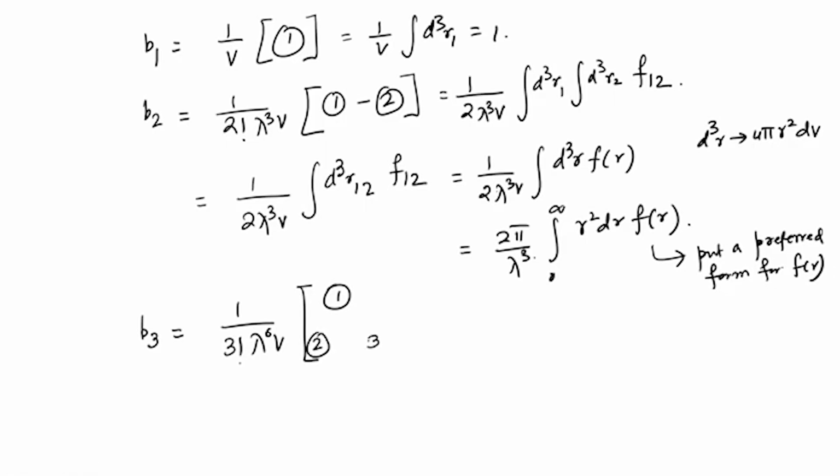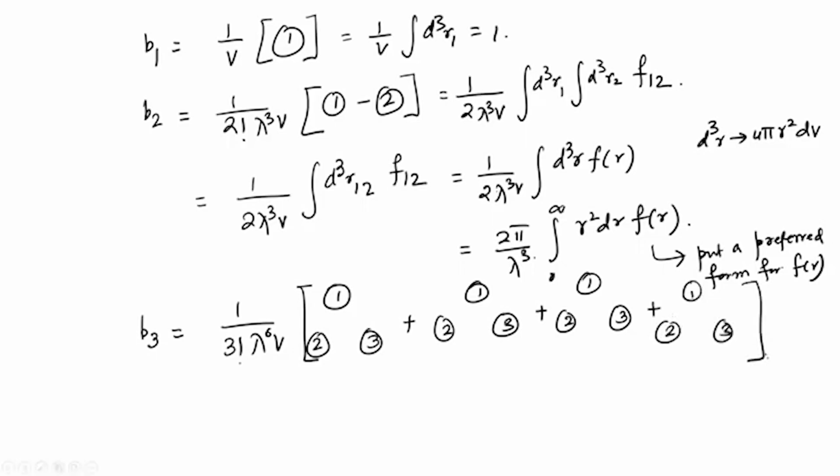So, let me show these by graphs, plus 1, 2, 3 plus 1, 2, 3 plus 1, 2, 3 and so on. So, all these distinct graphs have to be taken into account.